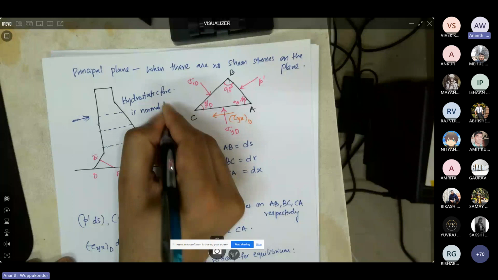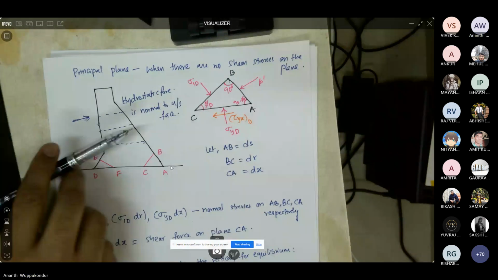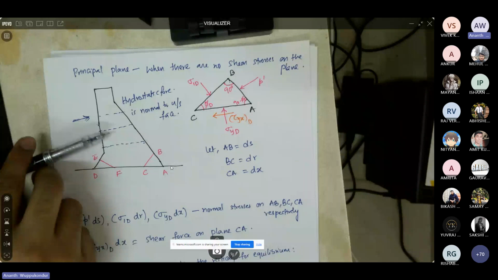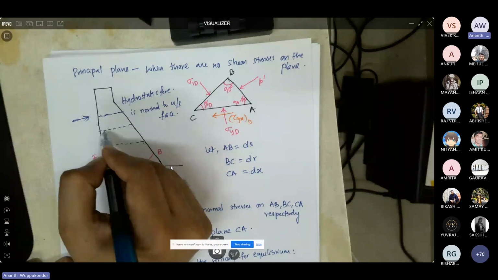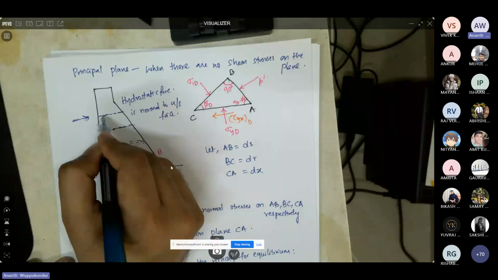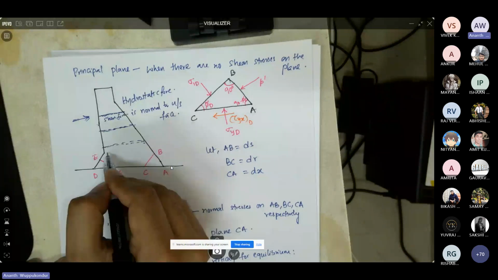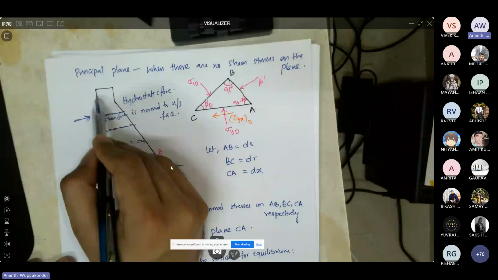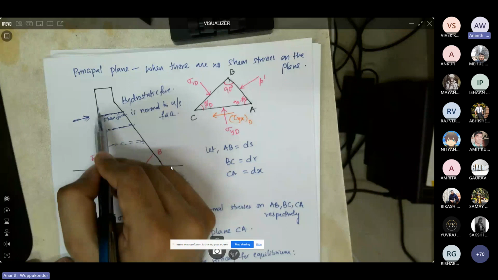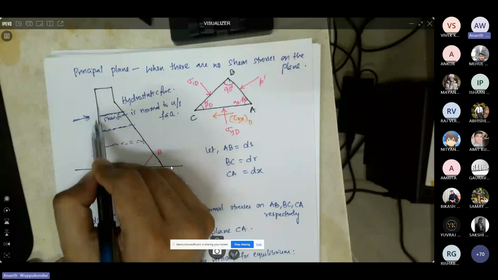And then because of the horizontal forces, you also have shear stresses and shear force developing at the joints. So the section of the dam where the upstream face is vertical cannot be a principal plane because there are shear stresses along these sections.